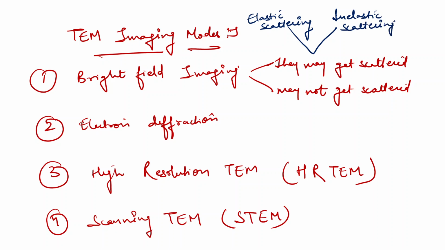In case of elastic scattering, there is no loss of energy. The same wavelength is retained, and the angle is slightly different only. However, in inelastic scattering, due to loss of energy, the wavelength changes and the angle also changes.